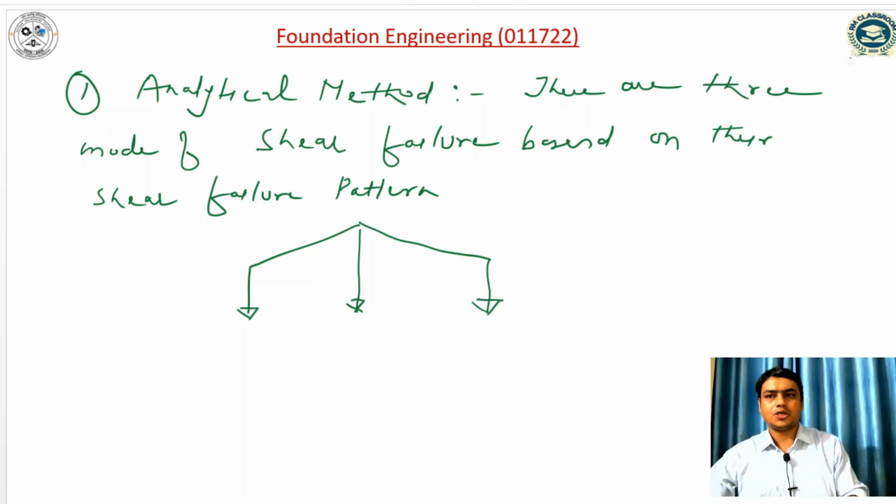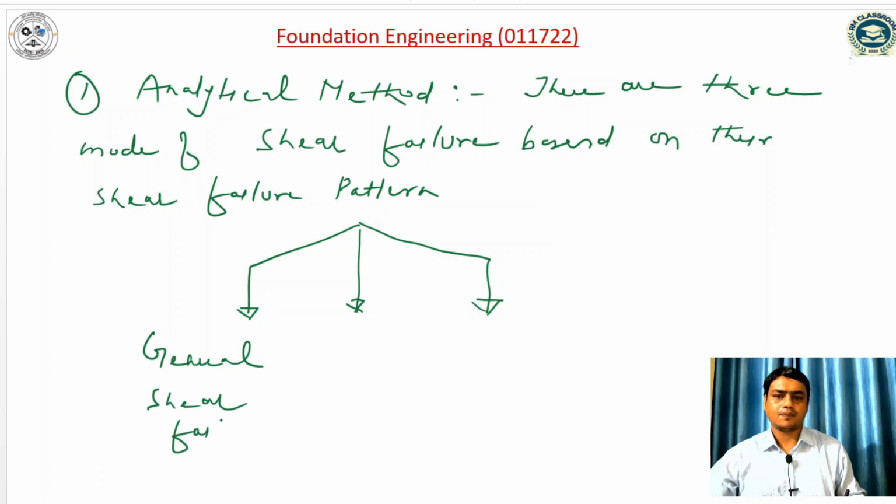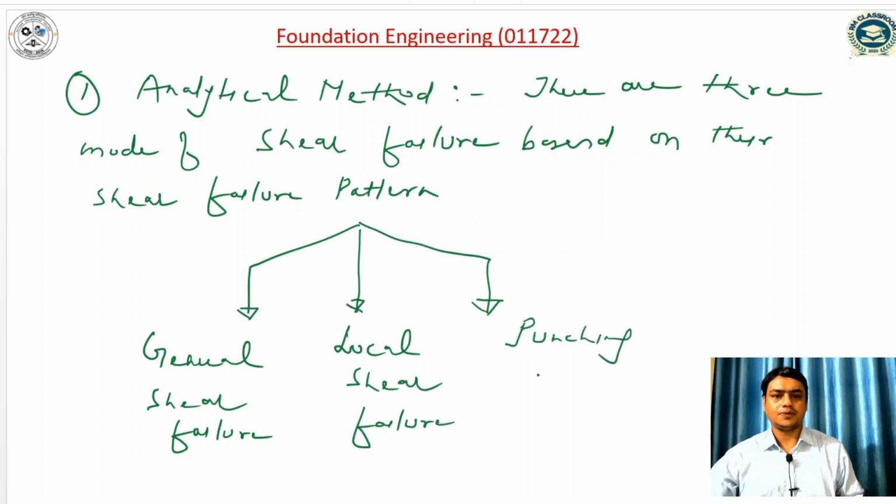The three modes are: the first one is general shear failure, the second one is local shear failure, and the third one is punching shear failure.